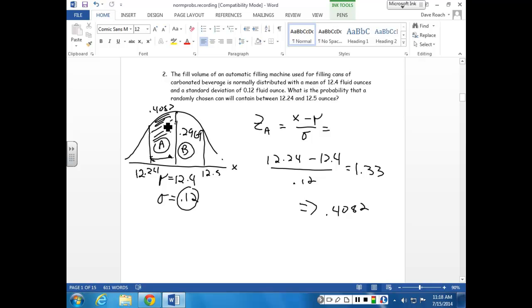But we want to go from there to there. So we'll add the 4082, and we'll add the 2969. If my math is okay, that comes out to be 7051.